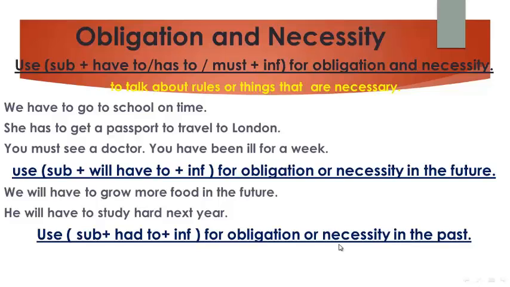If we want to say that something was very important in the past, we use had to, with all the subject pronouns, whether I or he or she or it or we or you or they. So, we had to study, for example.